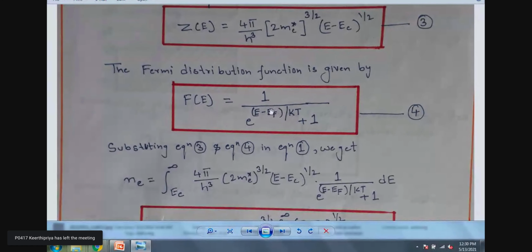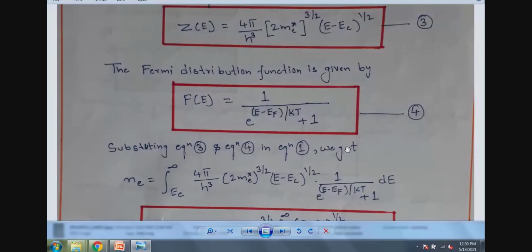This is equation 4. So you got Z of E in equation 3 and also F of E. Now substitute equations 3 and 4 in equation 1.